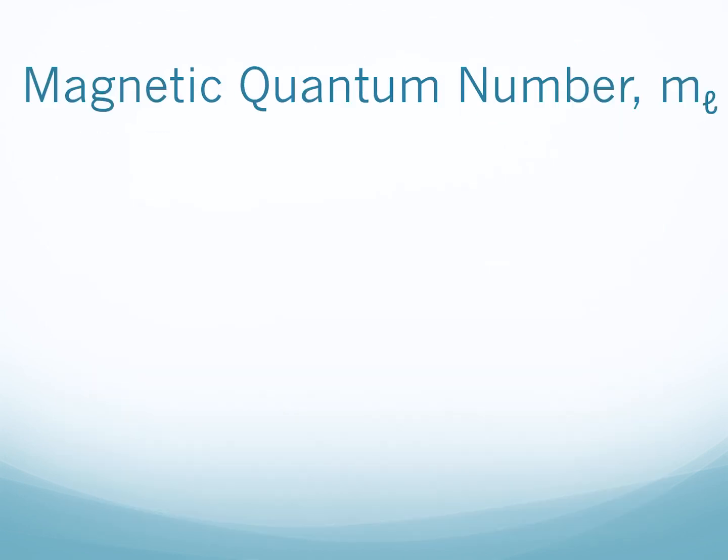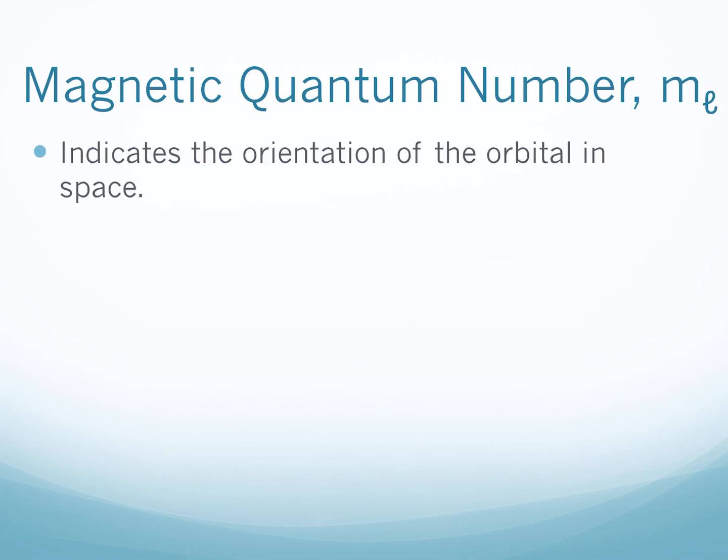So the way that we describe each of these orbitals, right, because there were 3 p orbitals and 5 d orbitals, and we have to have ways of distinguishing between each one of those orbitals. The magnetic quantum number indicates the orientation of the orbital in space. So it's telling you essentially which one of these p orbitals or d orbitals we're looking at. Is it going along the xy axis?